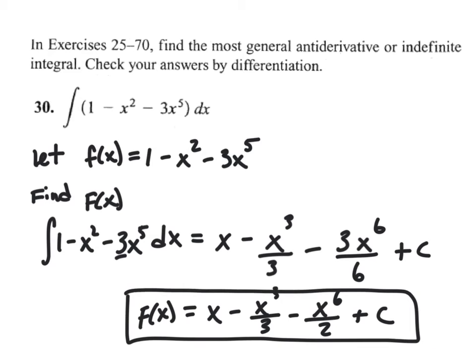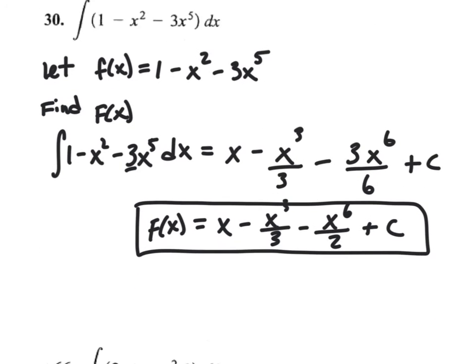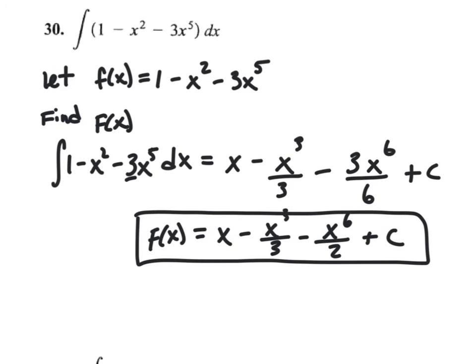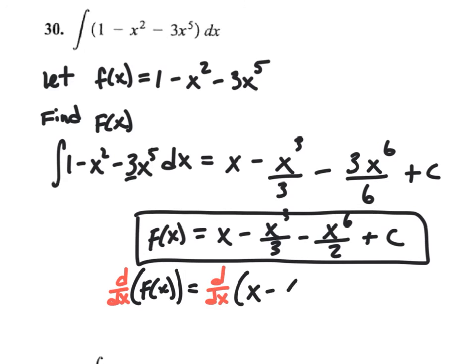And so if we wanted to determine whether we had the correct antiderivative, we would just take the derivative with respect to x of big F of x, which would give us the derivative with respect to x of everything else. So that's x minus x cubed over 3 minus x to the 6th over 2 plus c.